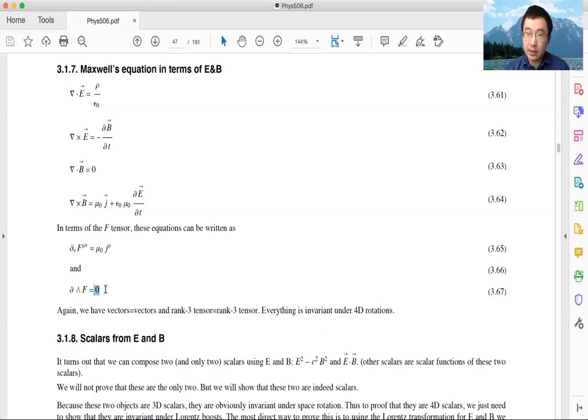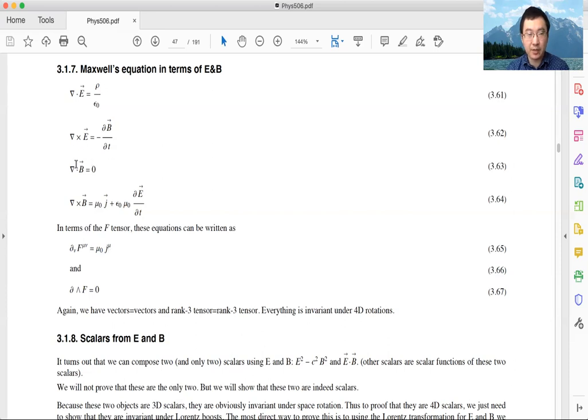Okay. So the bottom line: Maxwell's equations, if written in terms of E and B, still obey the scalar equals scalar, vector equals vector, tensor equals tensor structure. It turns out that the first set and the last set of Maxwell's equations follow the vector equals vector structure. One side is the inner product between the derivative and F mu nu, which is a vector. The other side is the charge density and current density vector, which is also a vector.